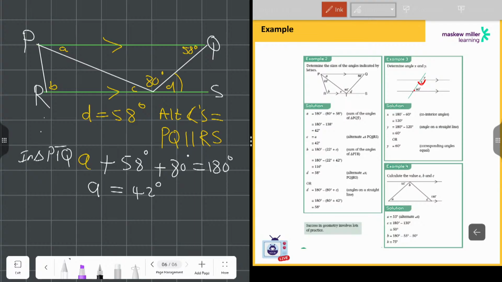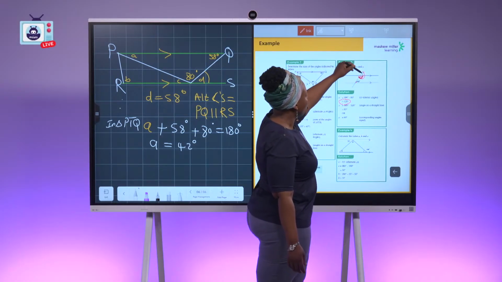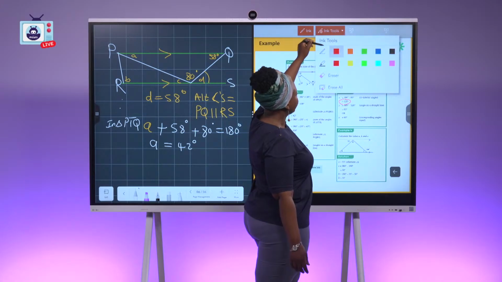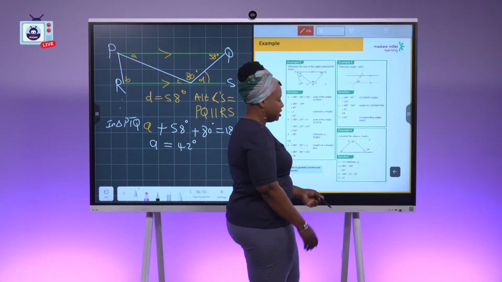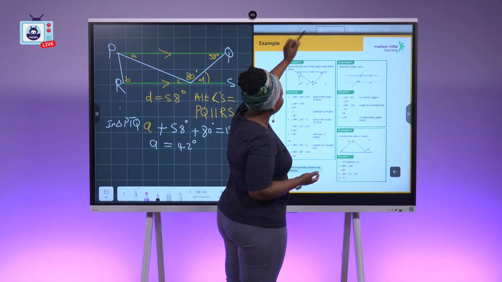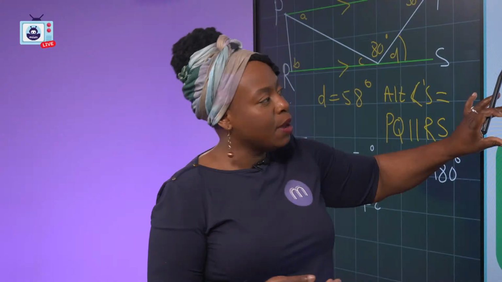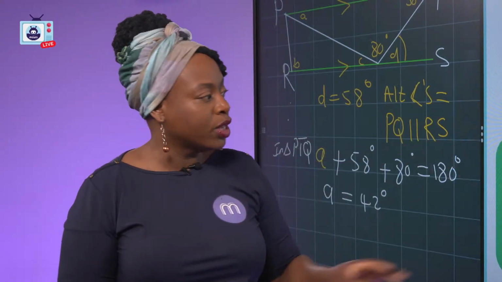Then X will be equal to 120, right? Also, to find Y, we can either use the angles on a straight line, or we can use the corresponding angles for us to get it as 60. So that is how you can get to these questions properly, right? That is the perfect way for us to get to the question.